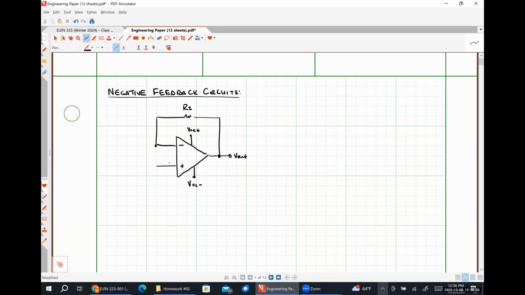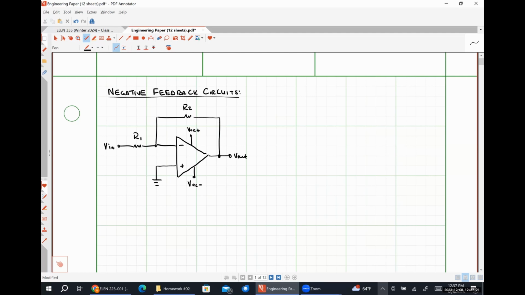I am going to choose to ground my non-inverting input terminal. I'm going to have some resistor R1 like so, and then this is where my input voltage is going to be applied. So this is literally a circuit straight out of circuits 1 that we've looked at before.